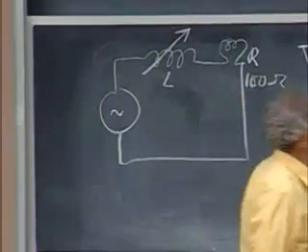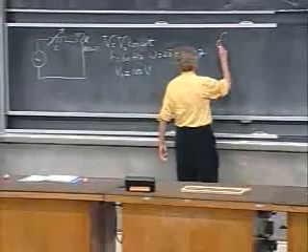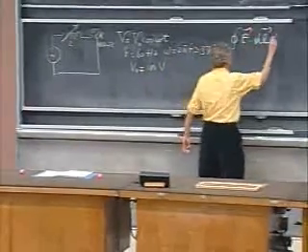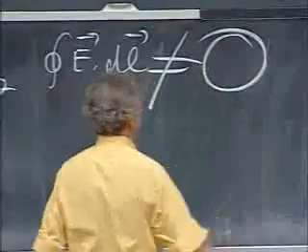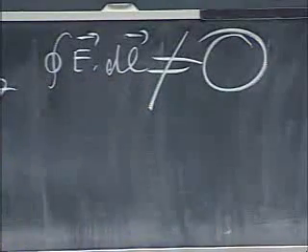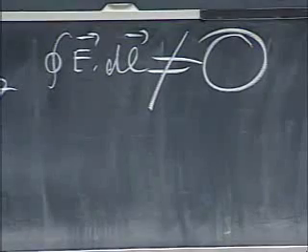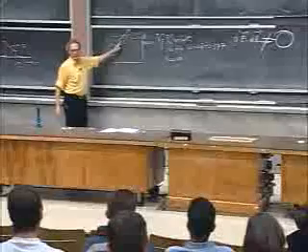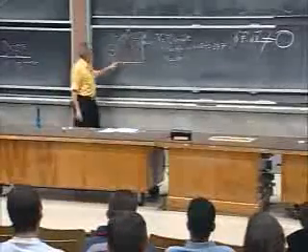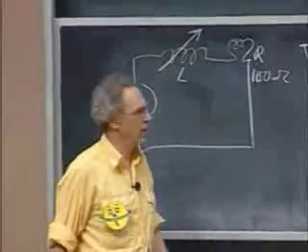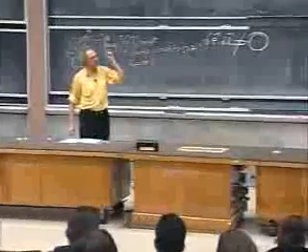The closed loop integral of E dot dl is not 0 because Kirchhoff's loop rule does not apply here. There is a self-inductor. If you attach an open surface to this closed loop, there's a magnetic flux going through there, so you must deal with the third equation.